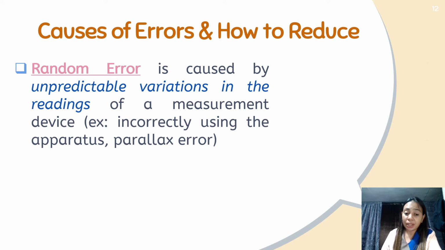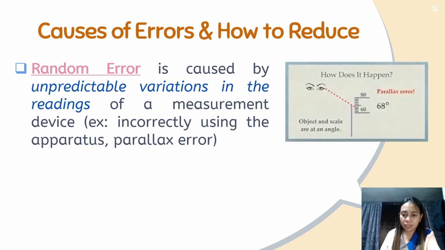Another is the parallax error. What's a parallax error? This is how it happens. For example, the reading here is that horizontal line. However, if your eyes are looking above the reading, then you see a different reading or a different measurement.